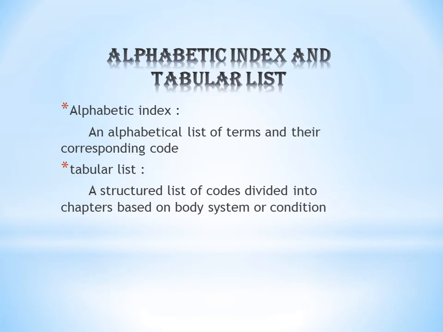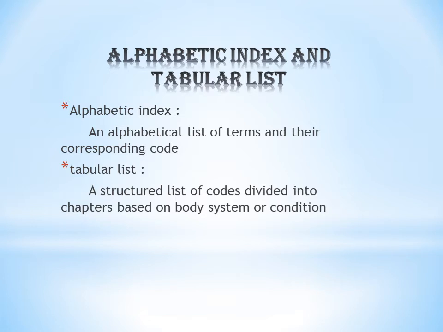Whenever you take a code from the alphabetic index, you have to confirm that code in the tabular list. In the above example, when you take the code for dehydration, E86.0, from the alphabetic index, you have to look up that code in the tabular list also, to confirm whether there are any additional characters or whether E86.0 is complete or not.